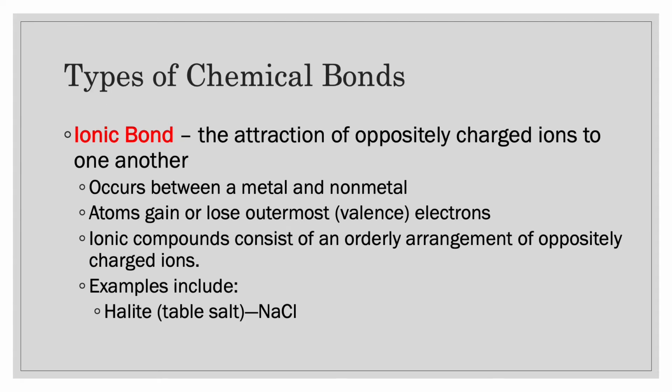Now that we understand that atoms of different elements bond to one another and why they would want to bond to one another, it's important to discuss the different types of chemical bonds. This is important to understand because different types of chemical bonds happen between different types of elements, or groups of elements, such as metals and nonmetals, for example, and also because different types of bonds have different properties.